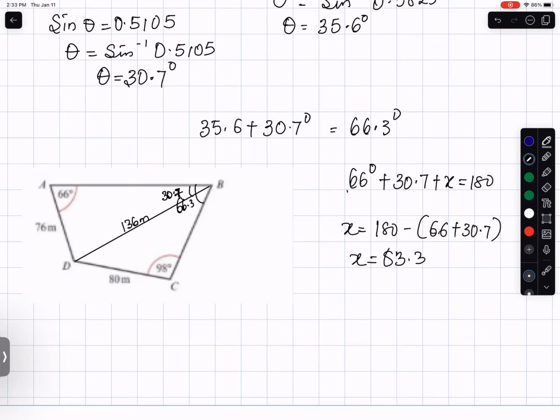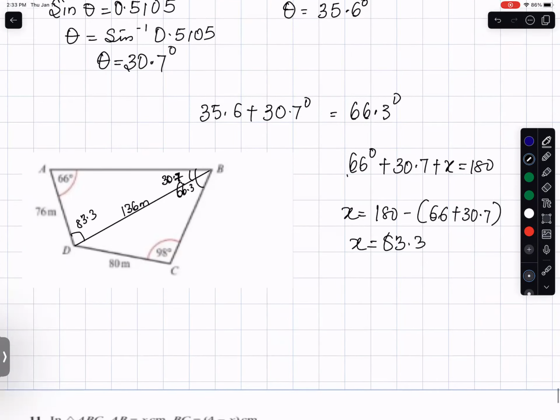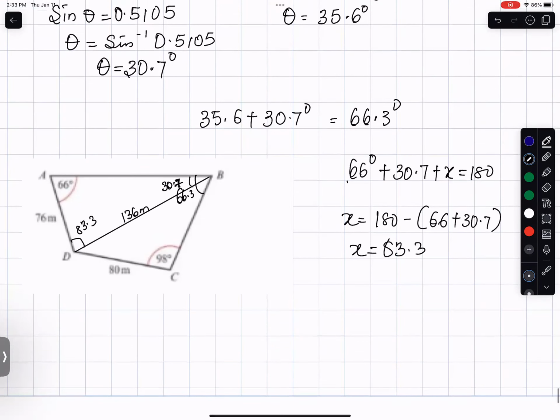So having gotten the angle, I can proceed with sine 83.3 divided by AB, which I want to make as my x, equals sine 60 divided by 136. So cross multiply.